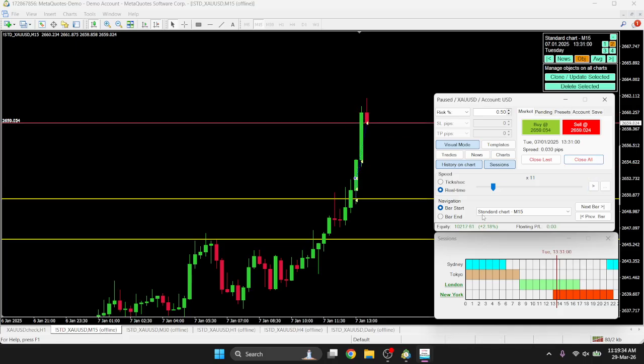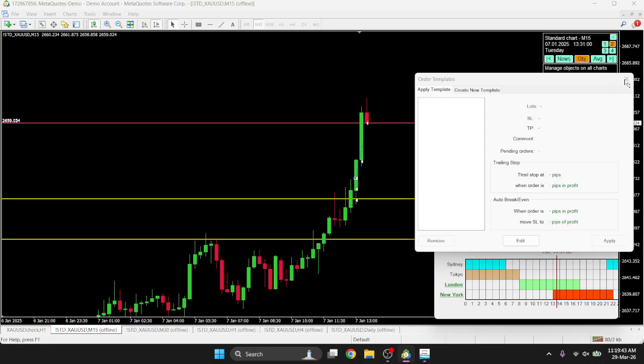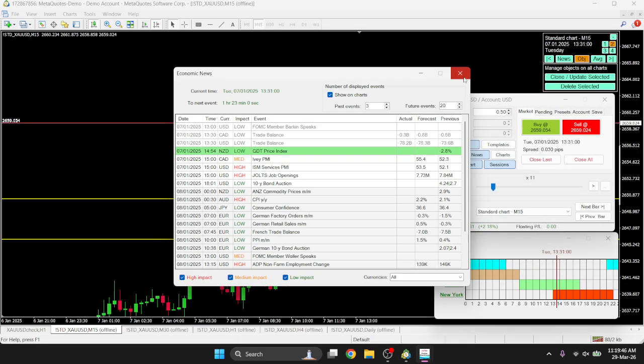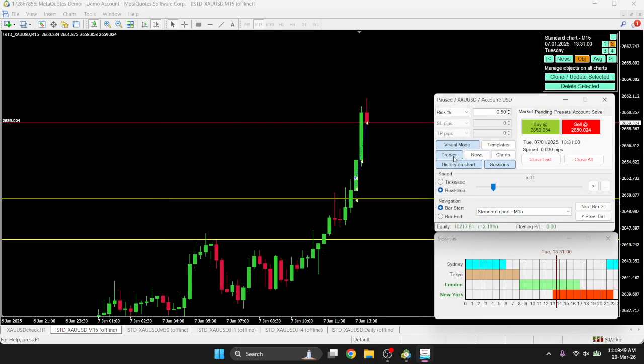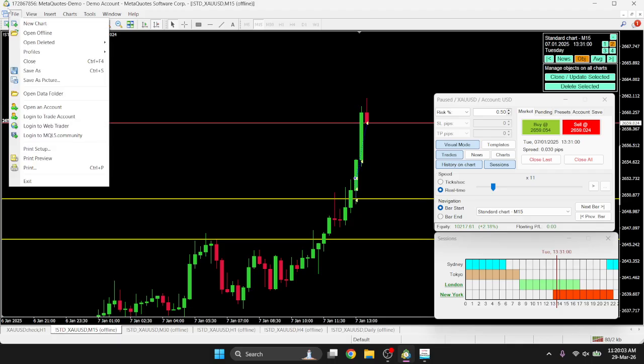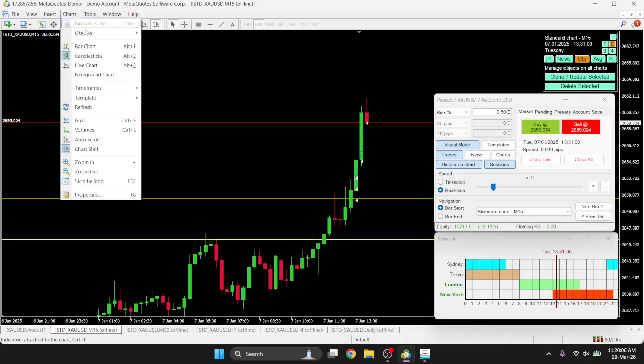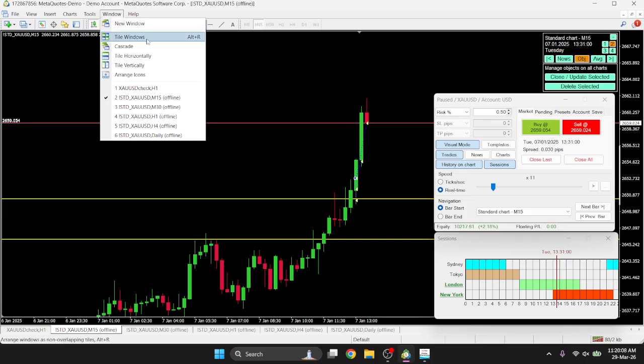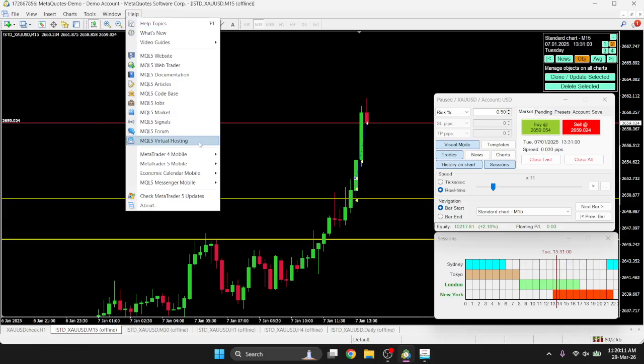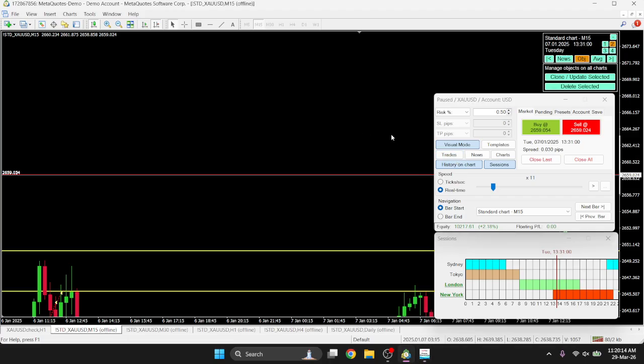Okay, just close all. This is a problem of this free simulator. It can't open the trade chart or the trade window. Shit, it's not opening.